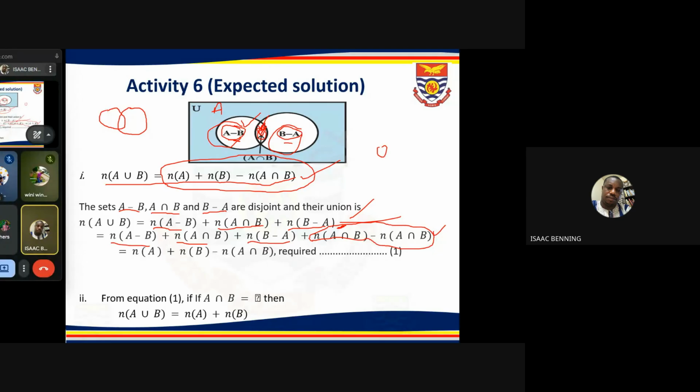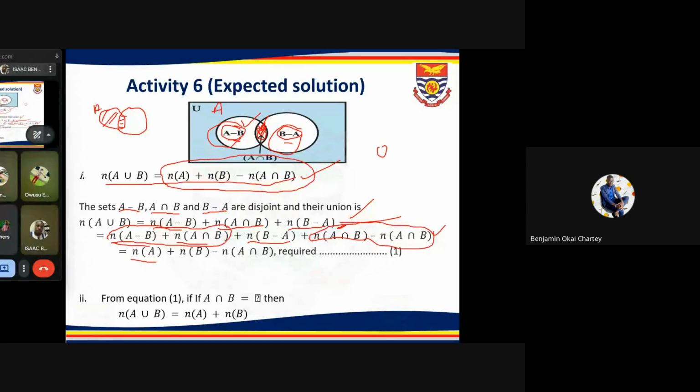That when we put the elements here plus the elements in the direction here together, we will get set A. Yes. So that means number of A minus B plus number of A intersection B, the whole of this, should give us A.